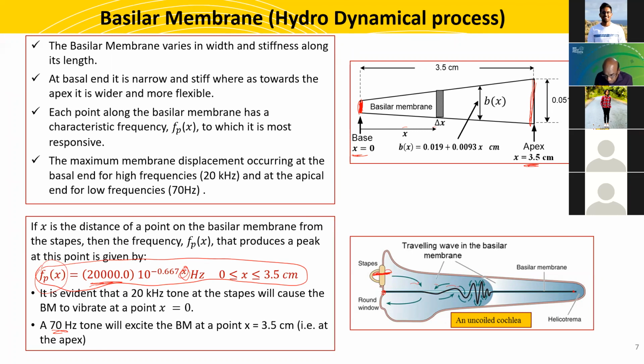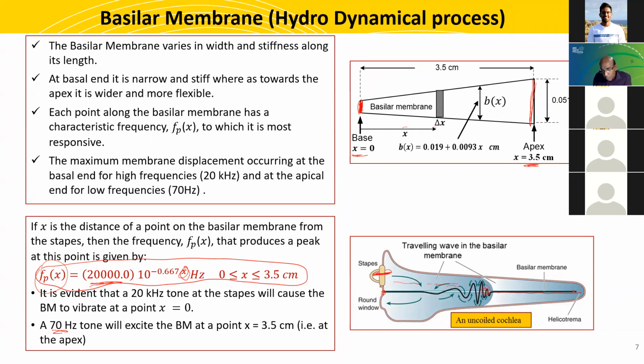When the wave travels and sees a position where the frequency of the wave and the resonant frequency of the membrane are the same, the pressure balances and the wave will not travel any further. Basically it absorbs the energy there. There are different ways of explaining that; a hydraulic engineer will explain it differently, and an electrical engineer explains it differently.